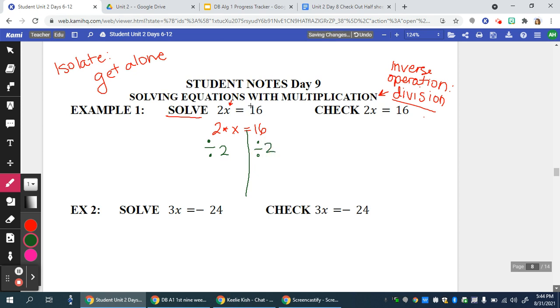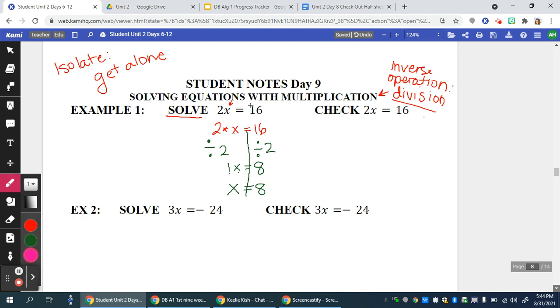2 divided by 2 is actually 1. So I could put 1x, and then 16 divided by 2 is 8. But as we've talked about before in class, whenever there's a 1 and then a variable, that is the same thing as just the variable. So x equals 8.